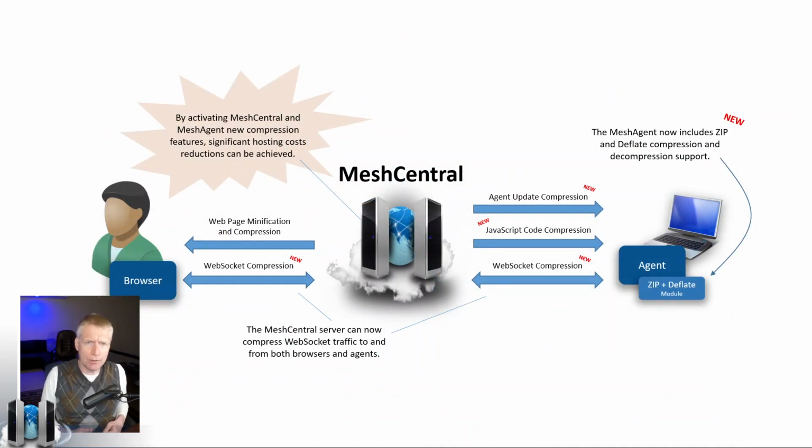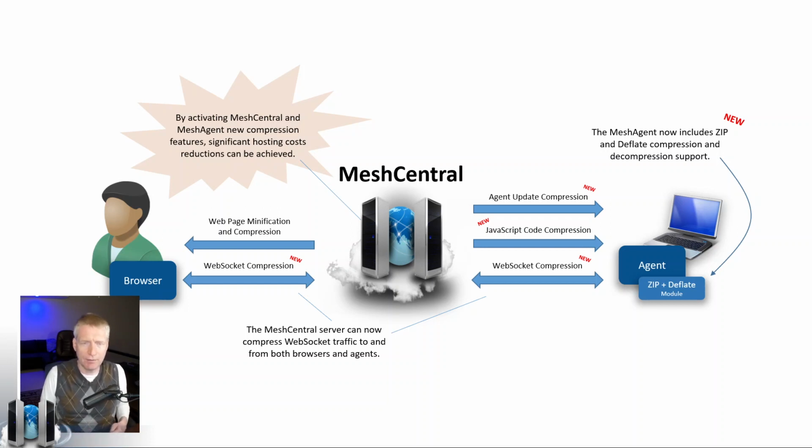Another way we reduce hosting cost is that the agent and the server fully support compression. We do compression when we send agent updates, when we do JavaScript updates to the agent, and when we do WebSocket traffic, we support and run WebSocket compression. This will typically get you from 10% to 50% less traffic being sent and received to the agents or to the browser.